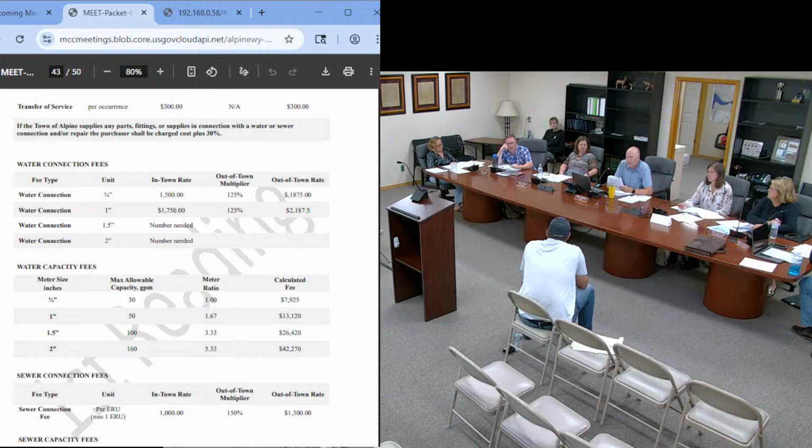The apartments behind KJ's have a 2-inch, you said? Yep. And their usage is metered just at the 2-inch, and then they charge their customers monthly or whatever? Okay. Hawthorne's is 3-inch, I think. But mostly the hotels are 2-inch or bigger.